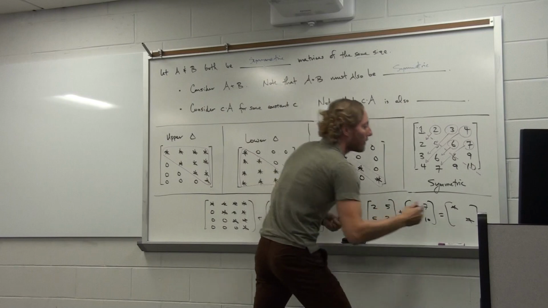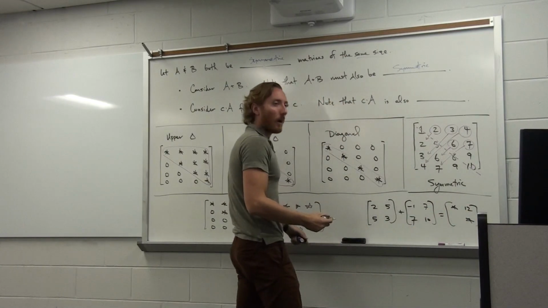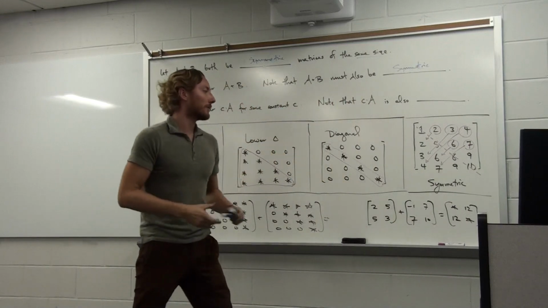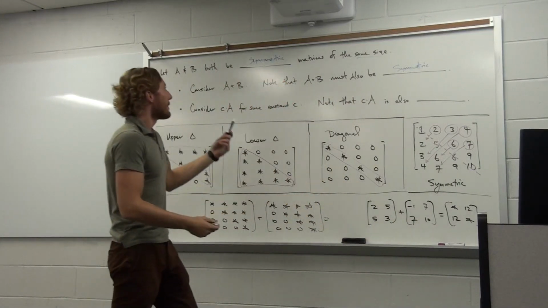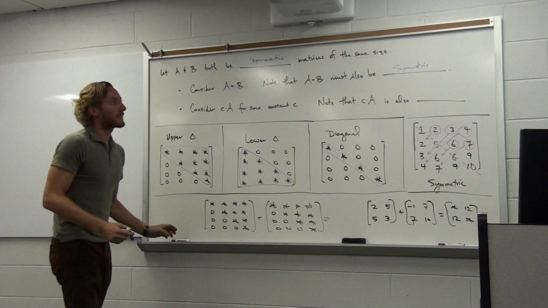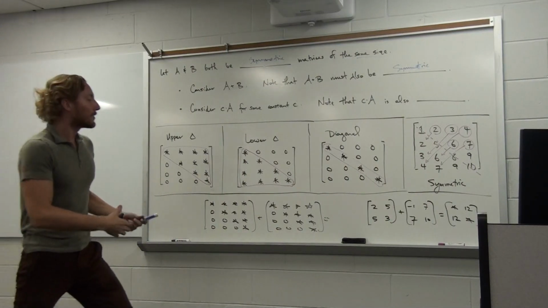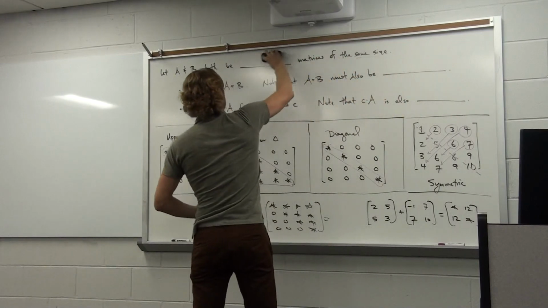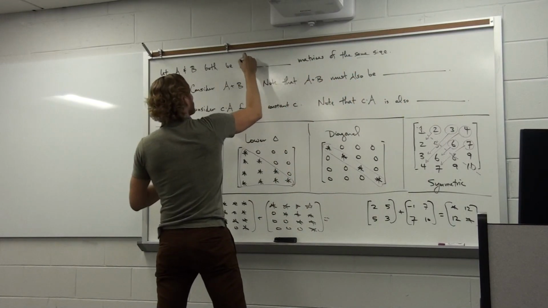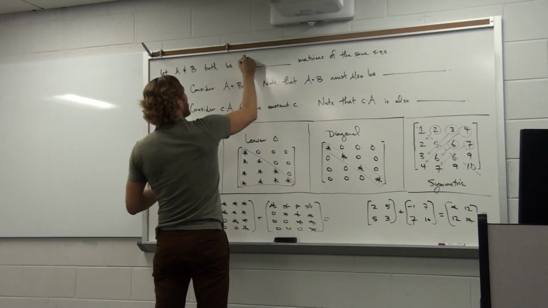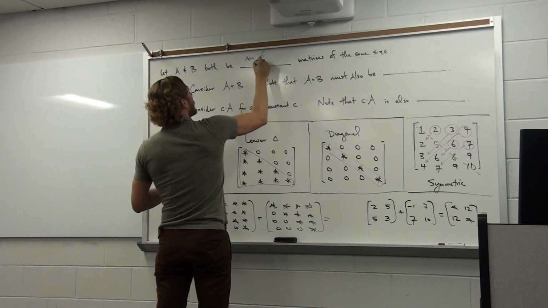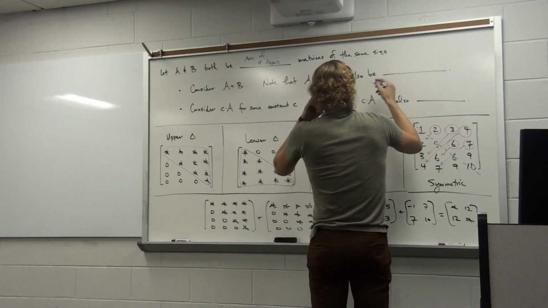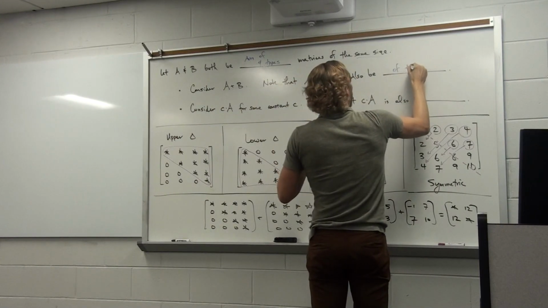So when you add them up, the result you get in one position is going to be consistent with the position that is symmetric to it. So this summation fact applies to symmetric matrices as well. And in general, no matter which of these 4 types of matrices you're looking at, let A and B both be any of the 4 types, then A plus B must also be of the same type.